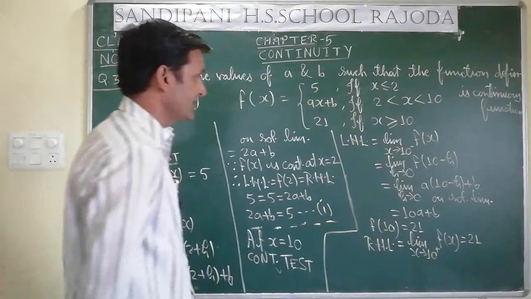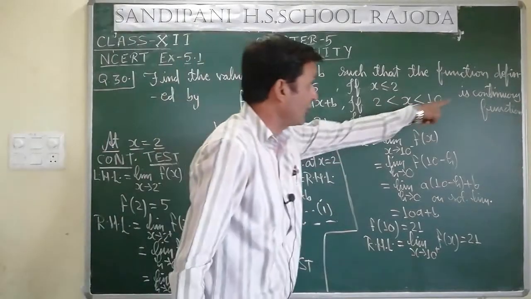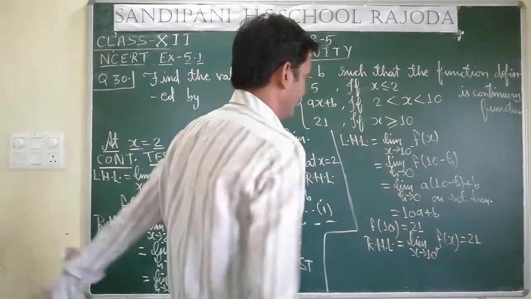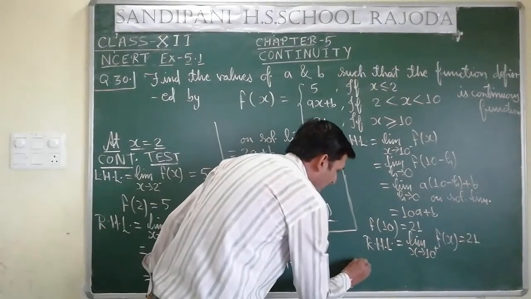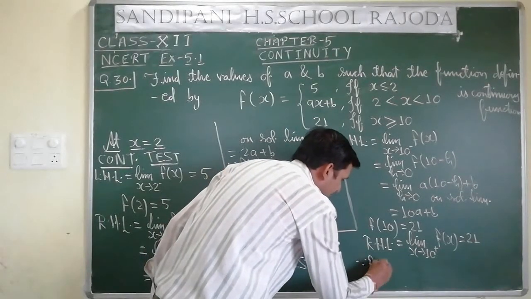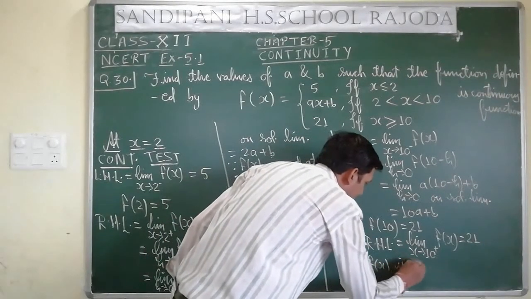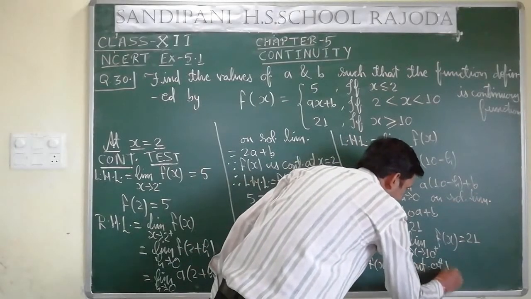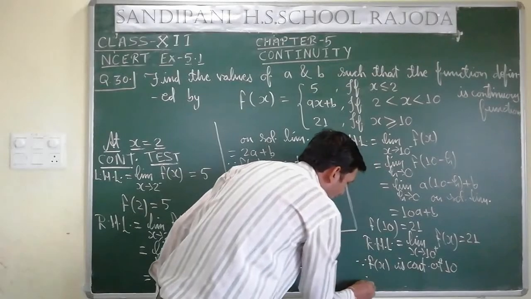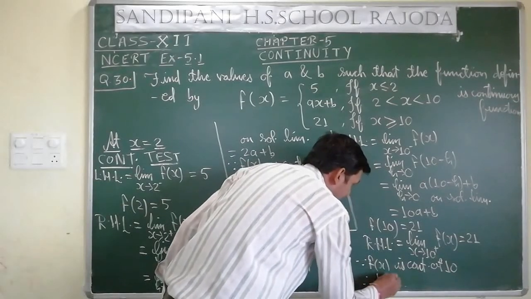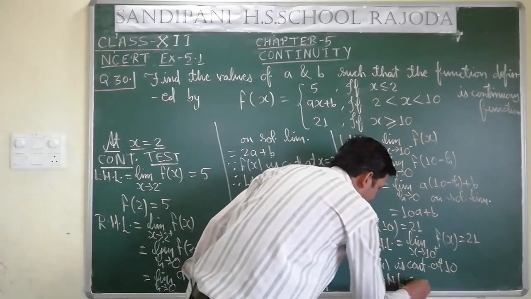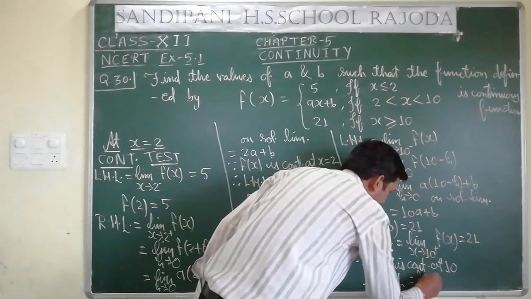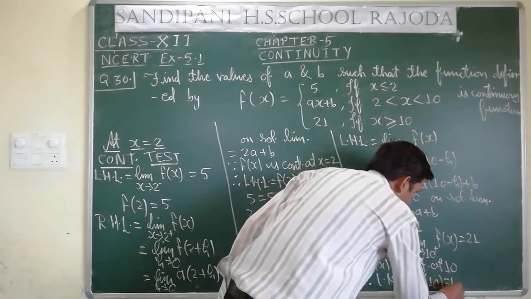Now what we have to discuss, that this function is continuous at 10 also on the defined point, because f of x is continuous at 10. Therefore LHL is equal to f of 10 is equal to RHL.